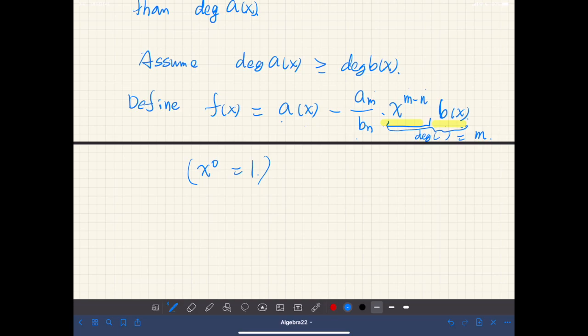So the coefficient of the term x to the power of m is equal to a_m, and that is subtracted from a of x.